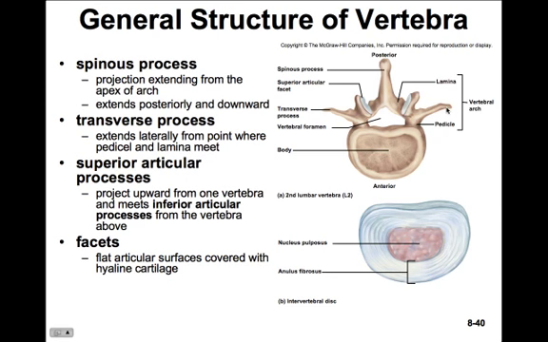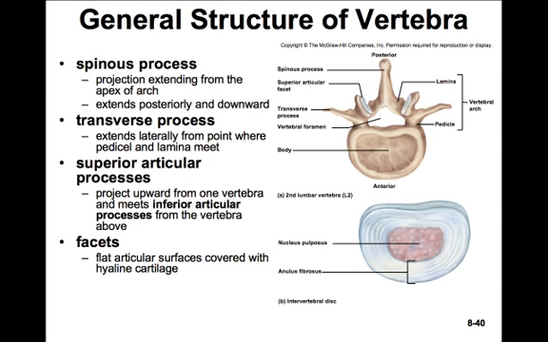Each vertebra sits on the next vertebra, and so there are articular processes that allow them to articulate with each other. We'll see on this side the superior articular processes or facets.